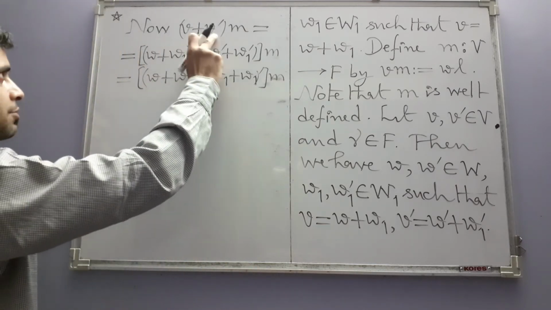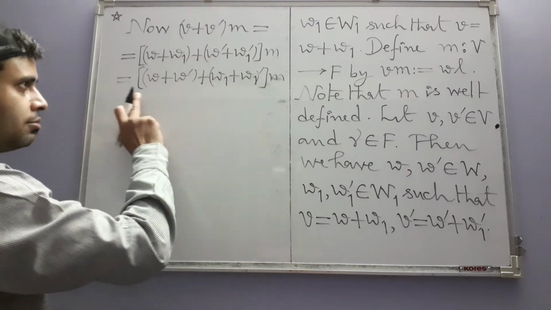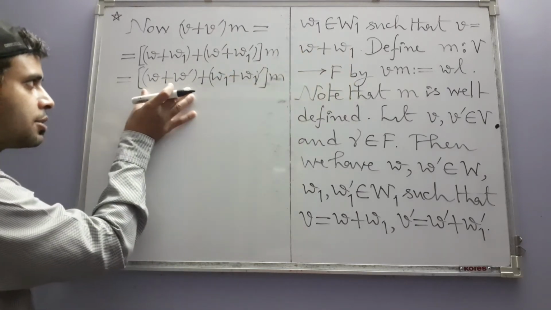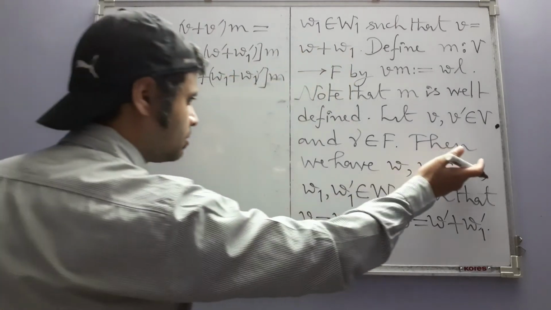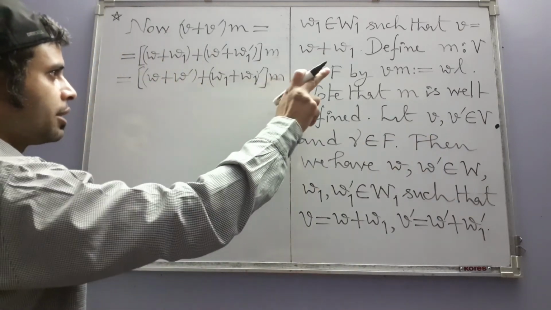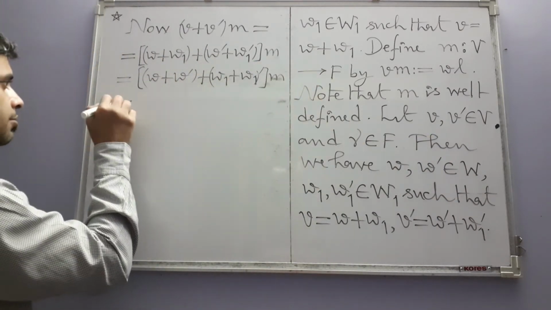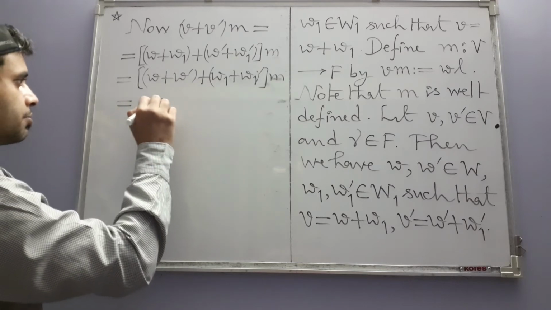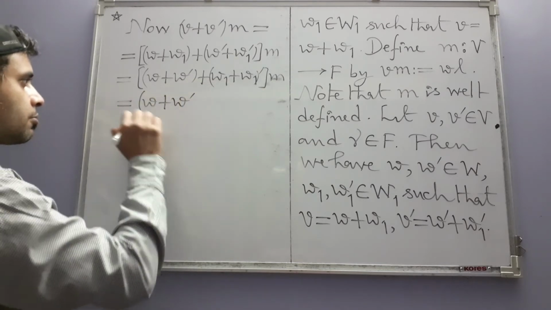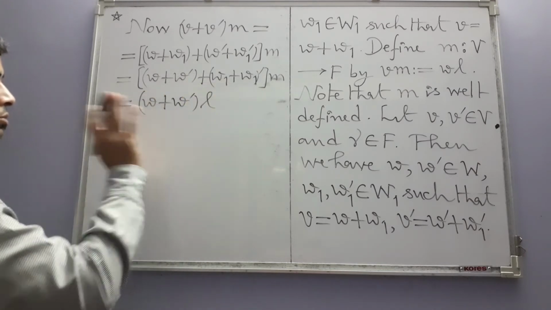So v plus v prime already has been written like this, where this part lies in W. So now we can apply the definition of M and write this to be equal to the L image of this.